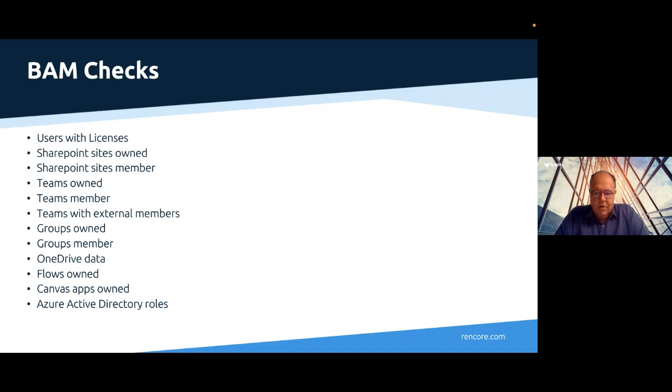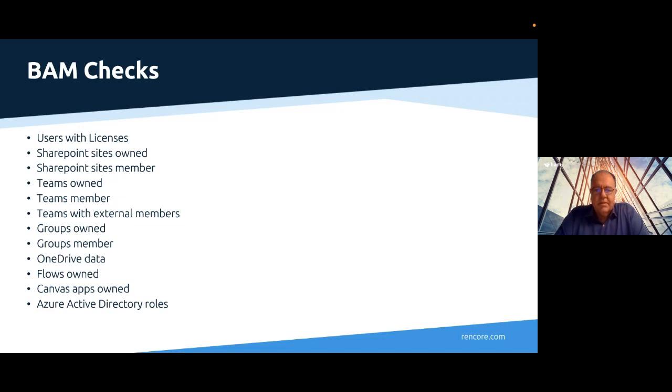We also have groups owned by the people who will step over, and the members, same there. The OneDrive data, I already touched on that, because people store a lot of data also on their OneDrive. Although we say OneDrive is for your personal data, there are still people who are close to the 1 gigabyte. But you have to migrate it over.